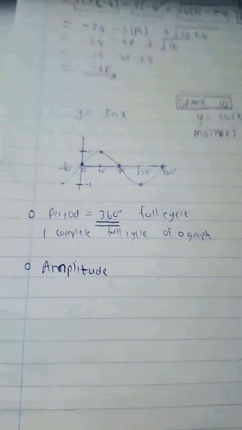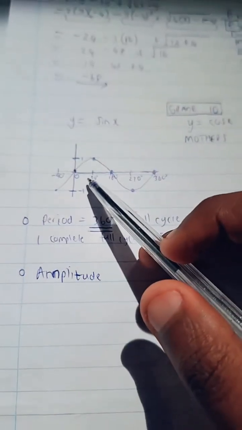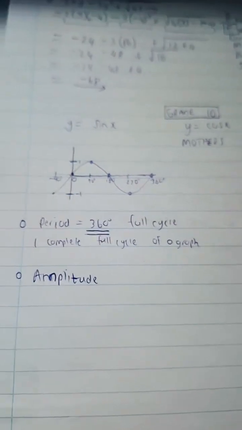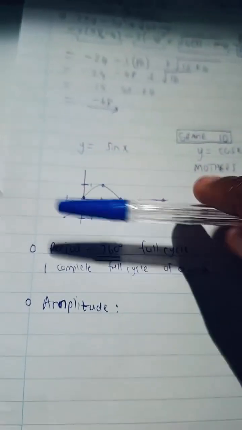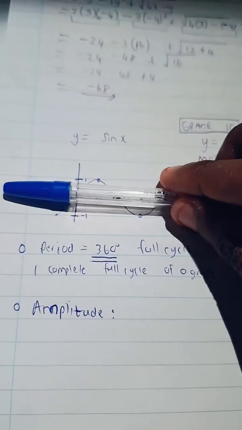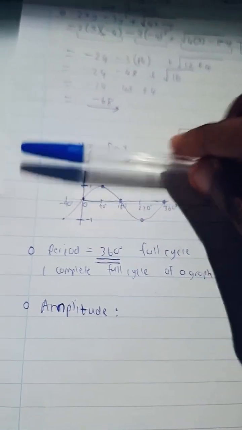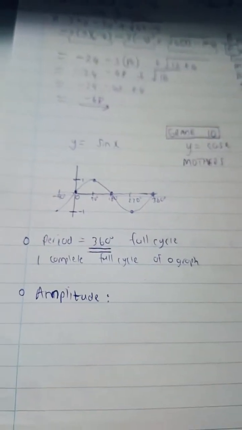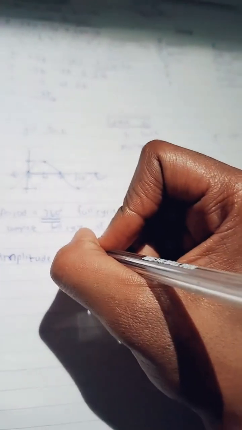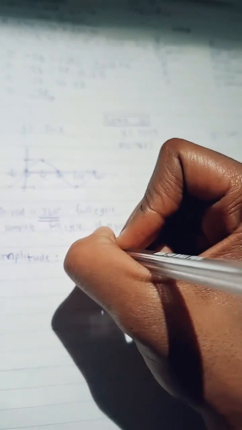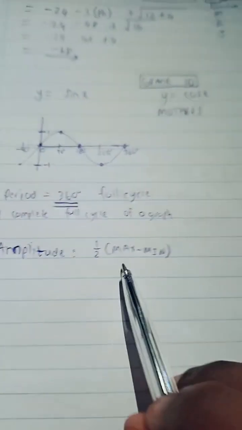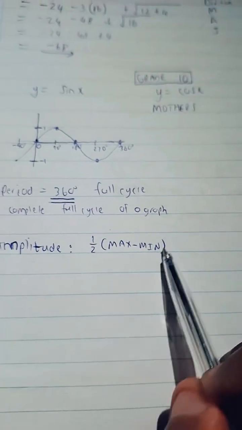What is the amplitude? If you're looking at the trigonometric graph, amplitude is basically the distance from the position of rest to the maximum. There's a formula that we use, which is half the maximum minus the minimum.